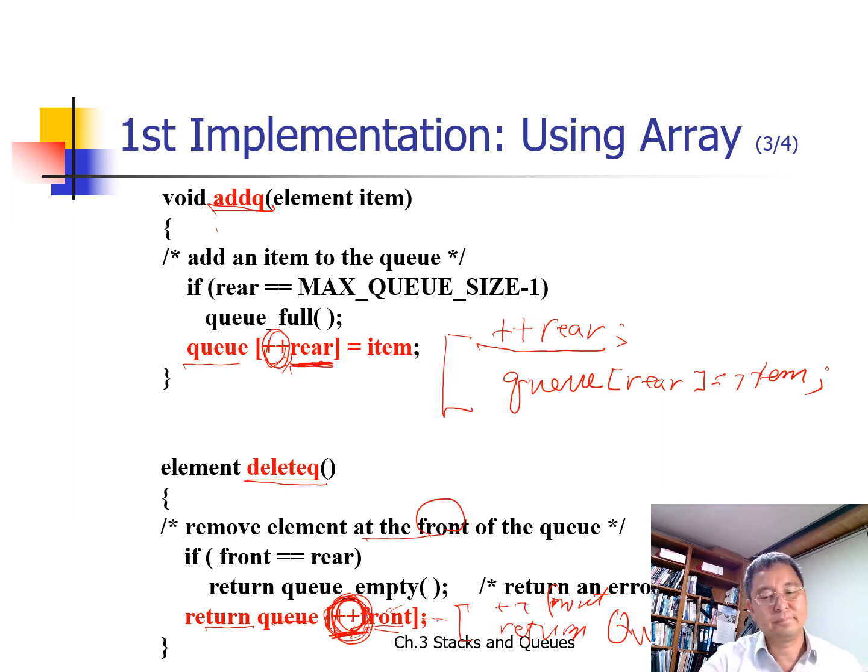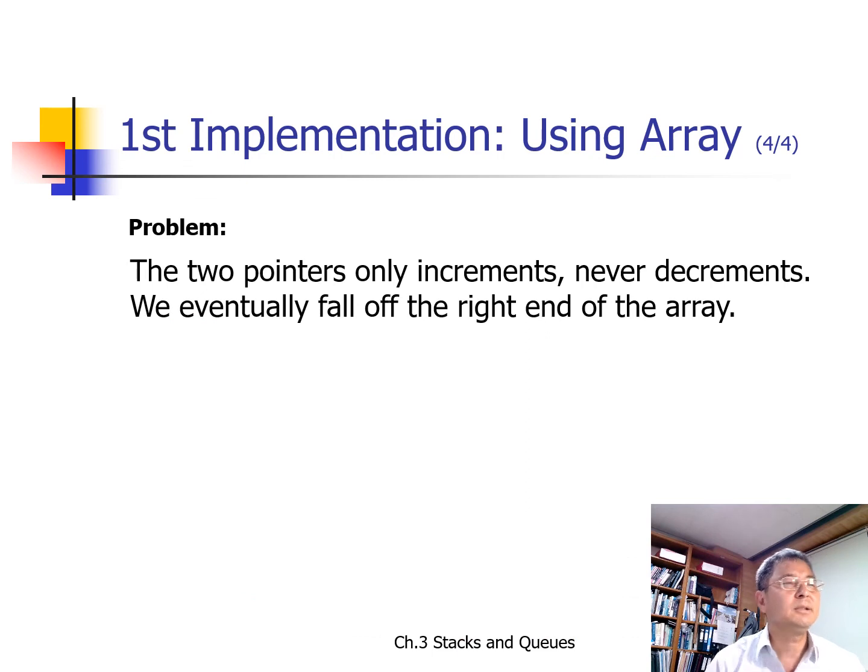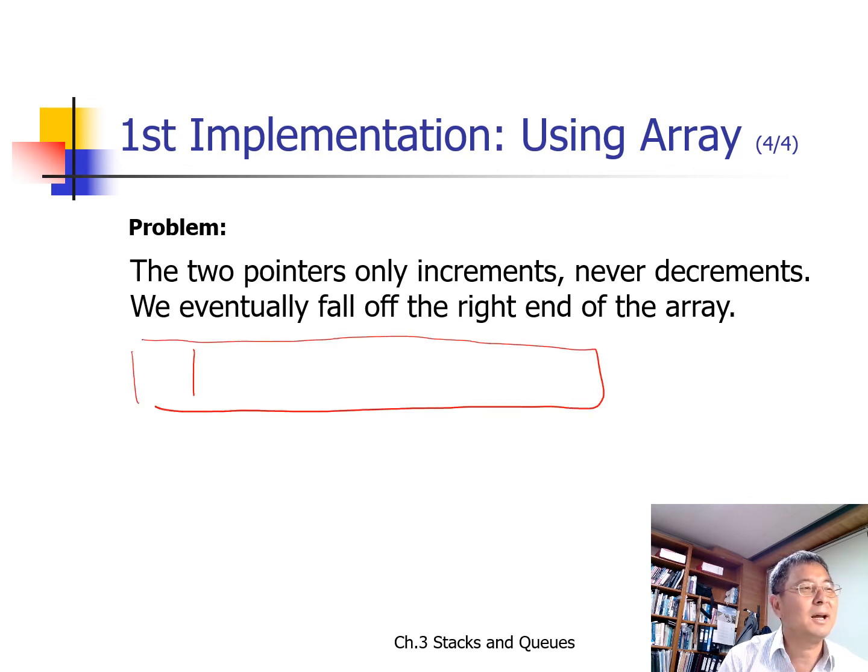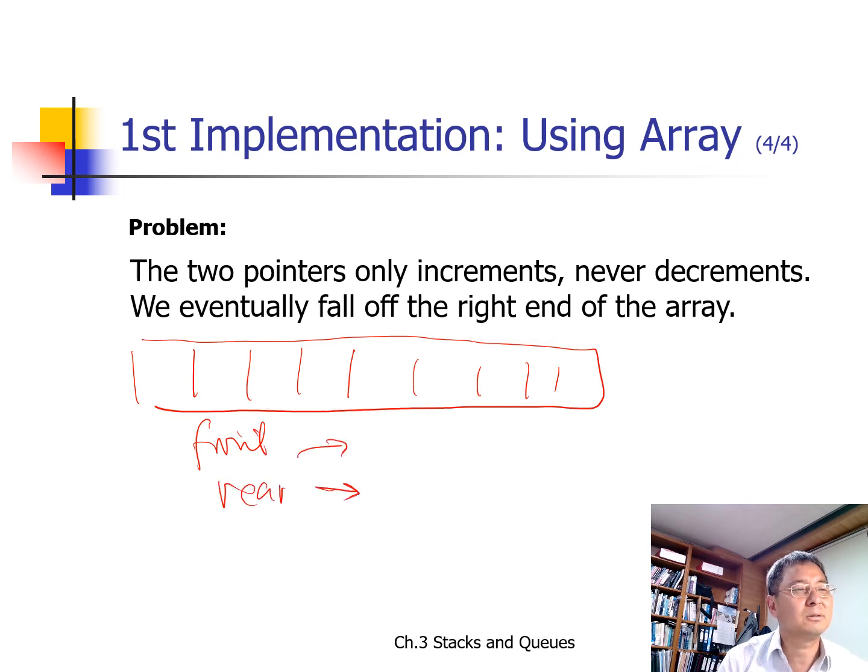Can you think of some problem with this implementation? Yes, because this implementation is linear, the front index and the rear index will go to the right, a one-way movement from left to right.